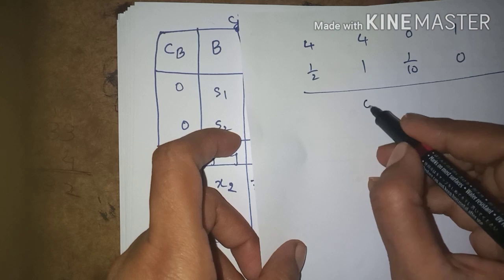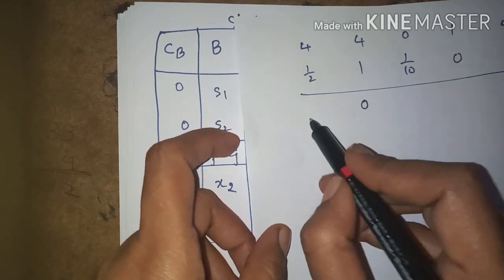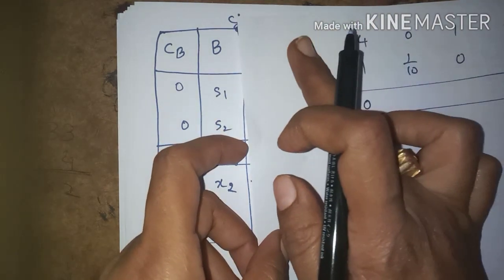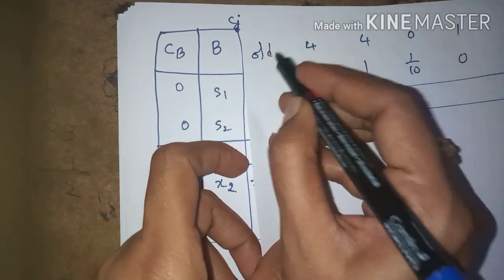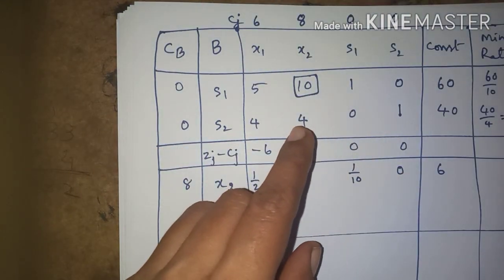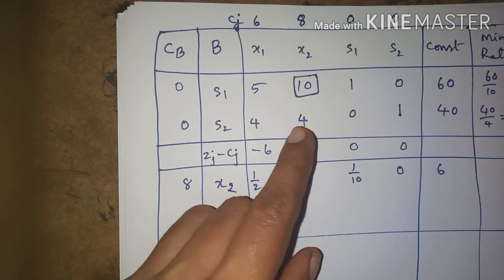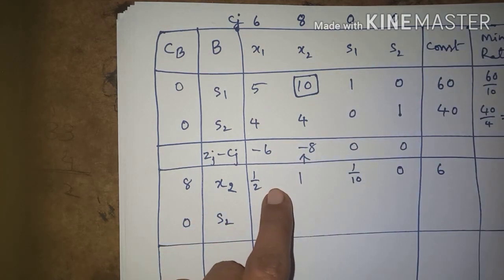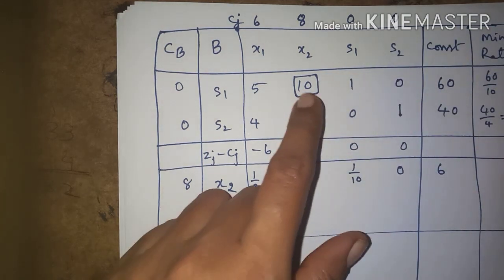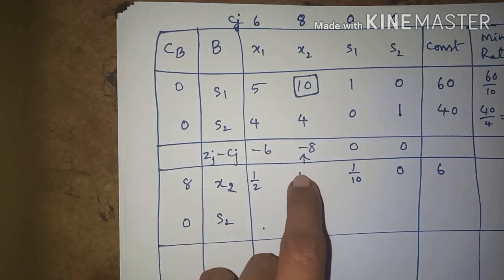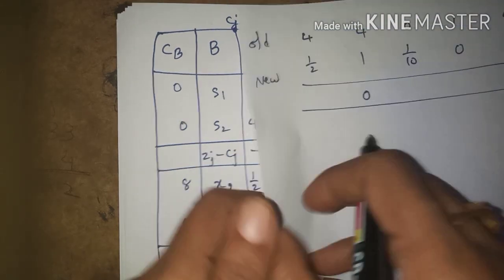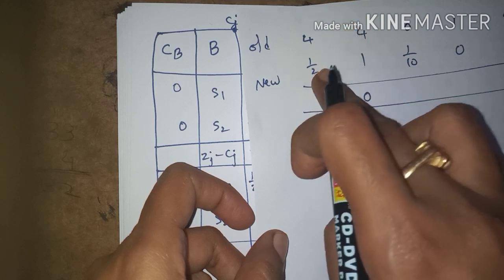We have to get 0 here. Remember what I wrote? This is the old row. Old row means the row whose element we are going to convert into 0. Which one is the new row? The new row is what you have got after converting the pivot element into 1. This is the old row, this is the new row.